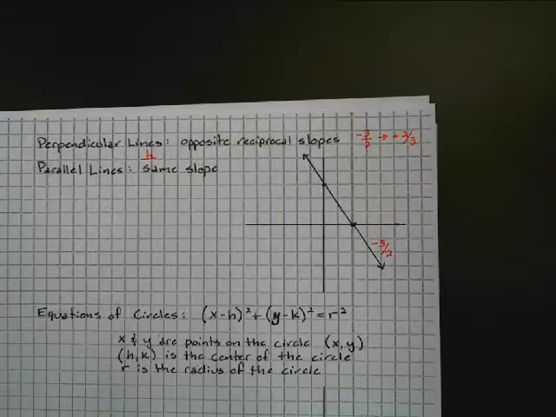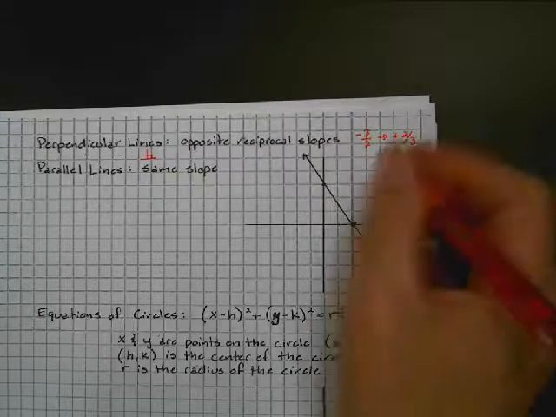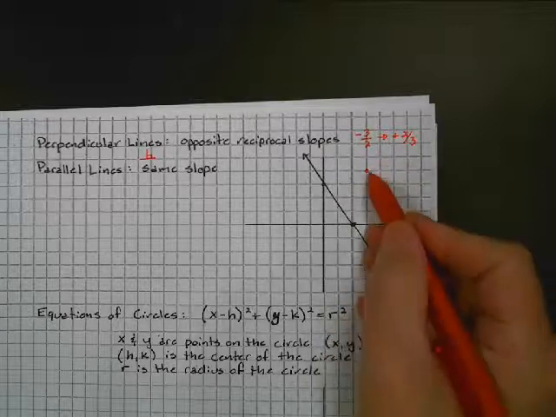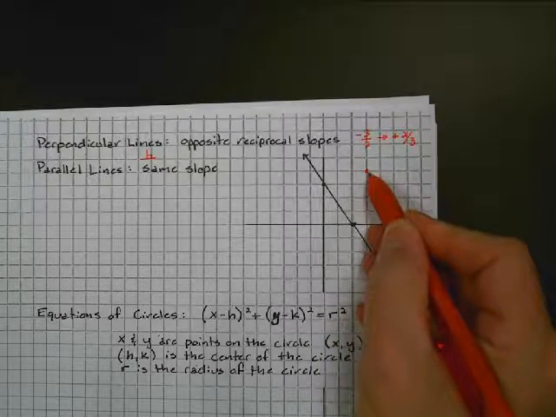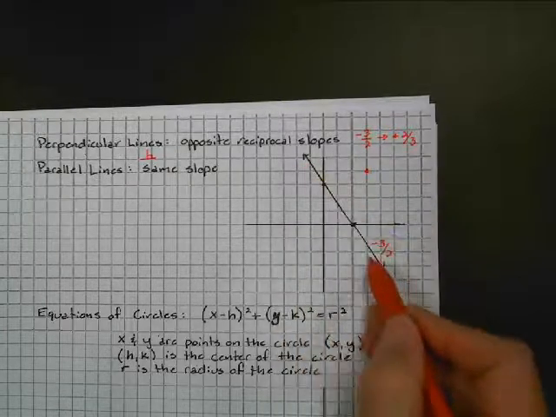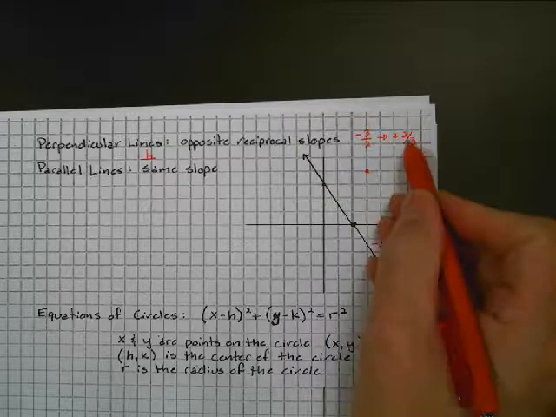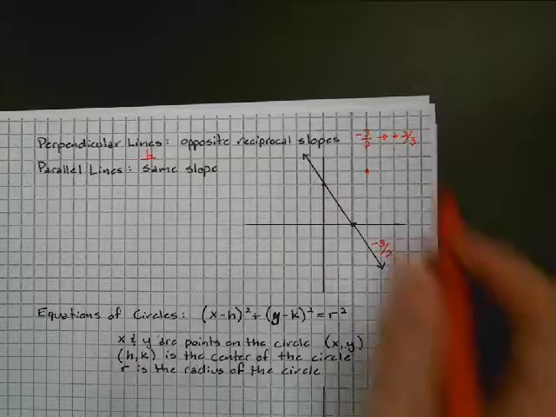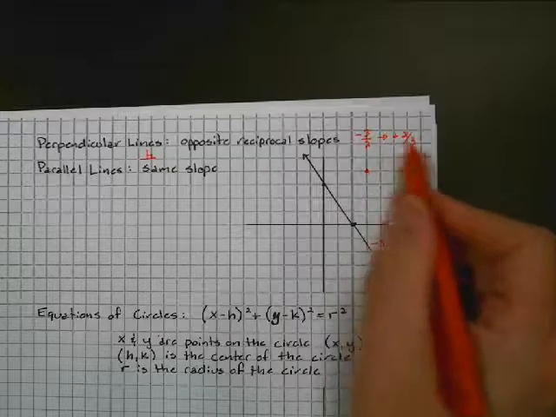All right, so let's say that I want a line that passes through this point and is perpendicular to this line. Well, I would use my slope here. I know this slope is -3/2, so I know that my slope has to be 2/3.